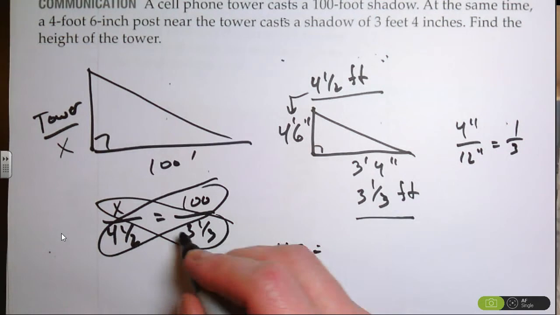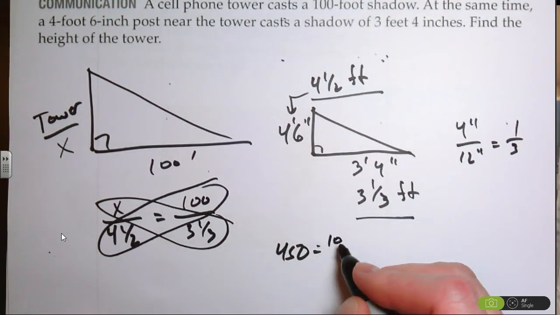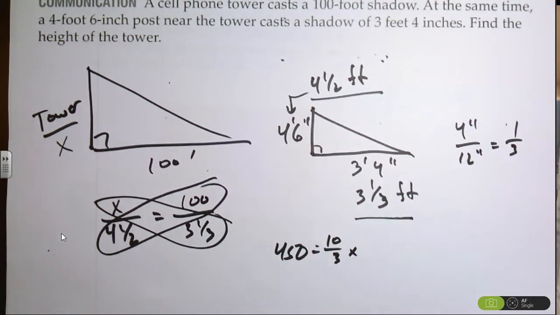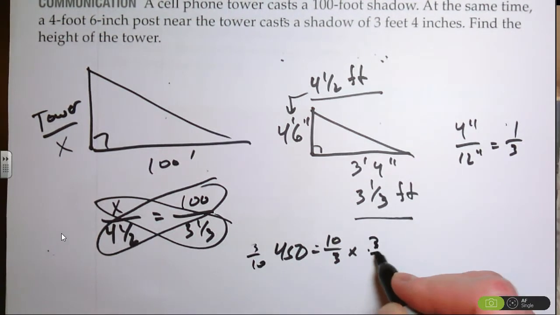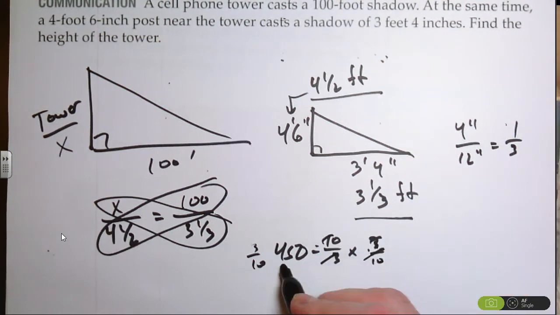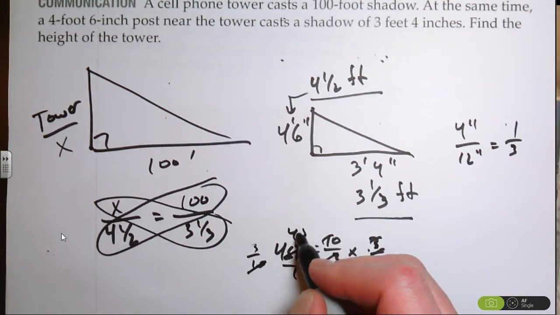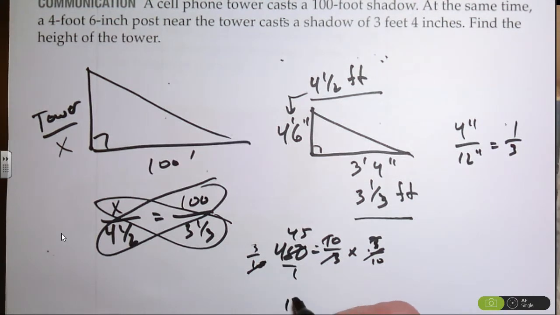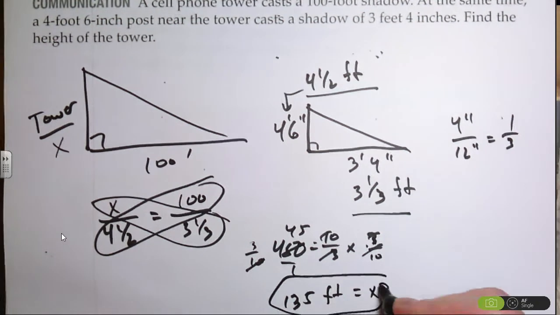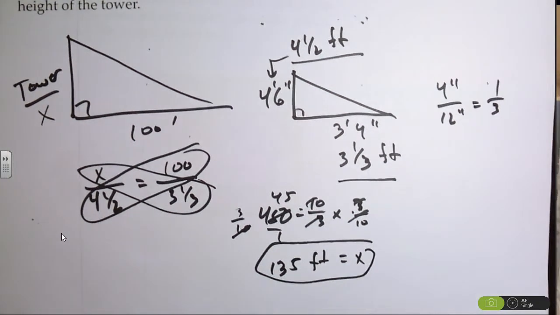And this ends up being 3 1/3 x, which I'm going to make 10/3 x, because that's what that really is. And then I'll multiply both sides by 3/10. That becomes 45. 3 times 450 is 1350, so it's 135 feet then. So the cell phone tower is 135 feet tall.